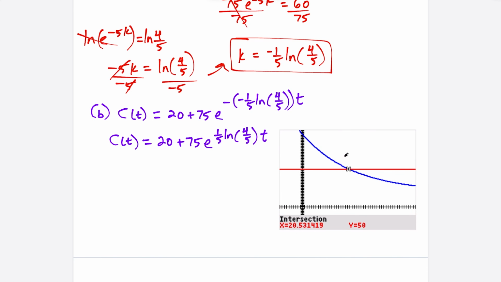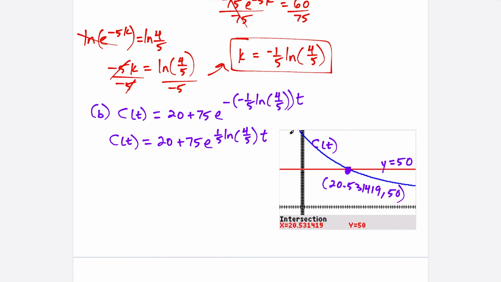Now, if you're using technology to answer the question, I would sketch this out on your paper. I would label this part here c of t, and I would call this one over here the line y equals 50. And then I would point out that we have an intersection point here at 20.531419, comma 50.